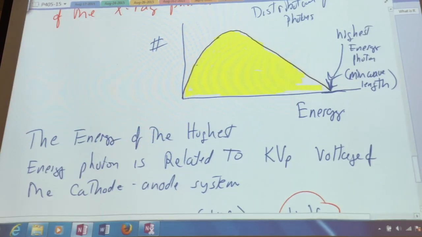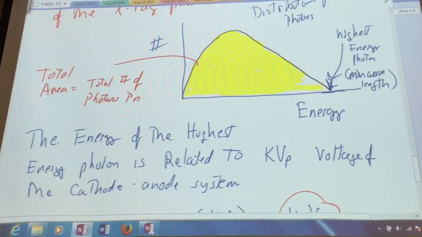Total area is the total number of photons produced. So we'd like to be able to recognize the landmarks of these histograms. Something with more area has more photons than something with less area.